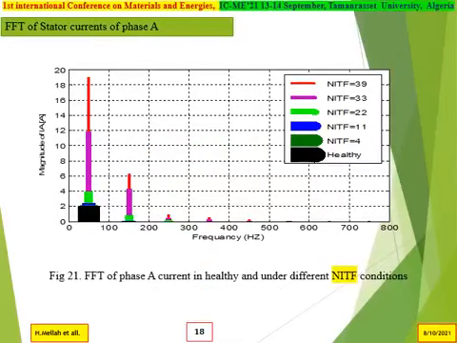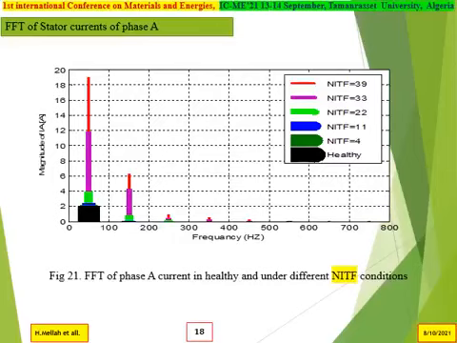The following figures show the FFT of the phase A current in the healthy case and under different numbers of interturn fault conditions. We can see in black the healthy case has only the fundamental, with a magnitude of 2 amperes.